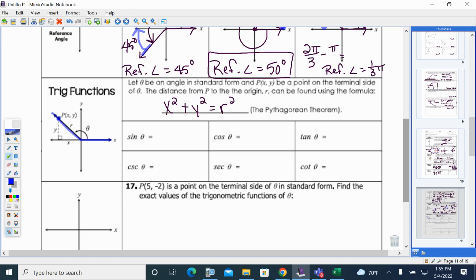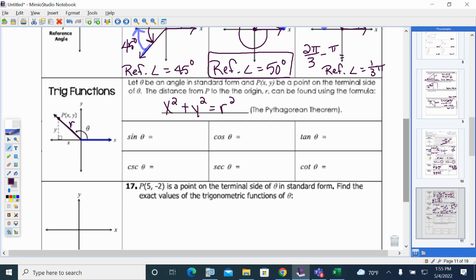And the distance from P to the origin is going to be your radius. So the distance from P to the origin is your radius. And you can hopefully see that in the picture. So from P to the origin is going to be called the radius.